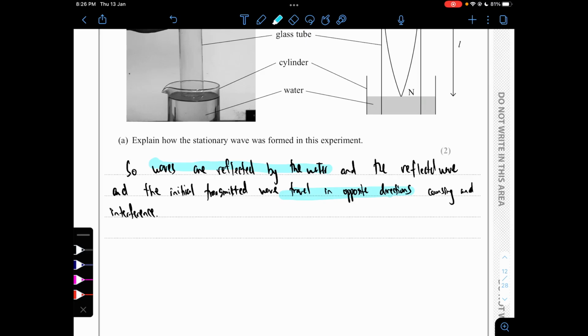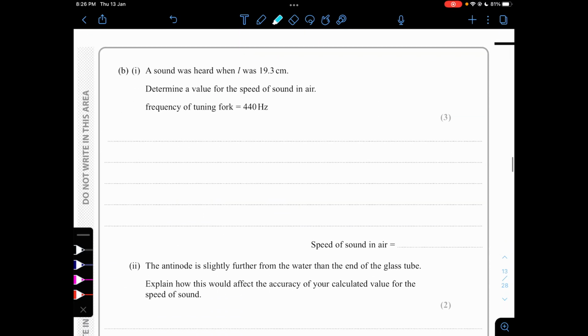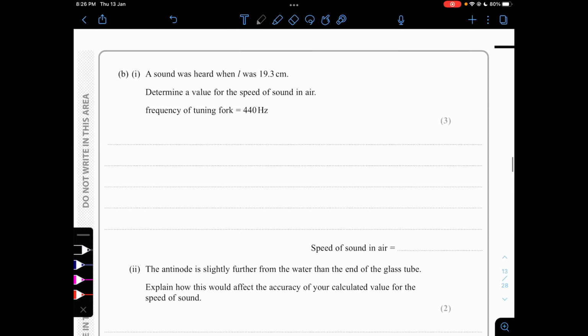Okay, move on to part B. So they tell you that a sound was heard when L was 19.3 centimeters. That is 0.193 meters. Determine a value for the speed of sound in air, and they've given us frequency. I can only think of V equals F lambda.